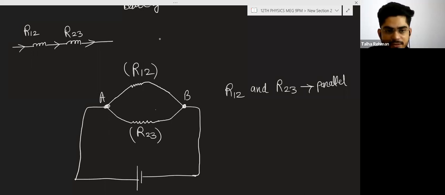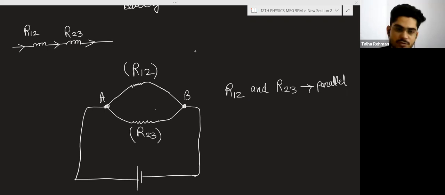I am asking whether this resistance and this resistance are connected in series or parallel. Hamza, actually this is the series combination of resistances.